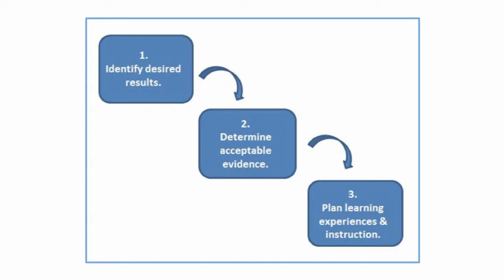But Wiggins and McTighe suggest that that is actually the last step in the planning process. First, we have to get really clear about what students should know and be able to do. Then we determine how will we measure that. And then finally, we develop and plan learning experiences that will help students be successful on those assessments so we know they've met those desired results.